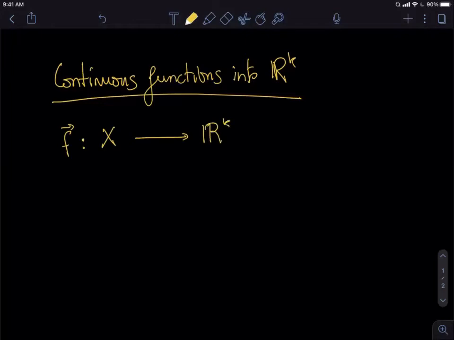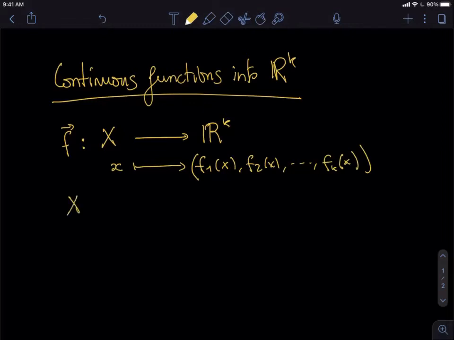These functions are going to take a point x in the metric space, and they are going to return a vector in Rk where each component is a function of the original point. So we are going to have k coordinate functions here. And remember, we are assuming X is a metric space.